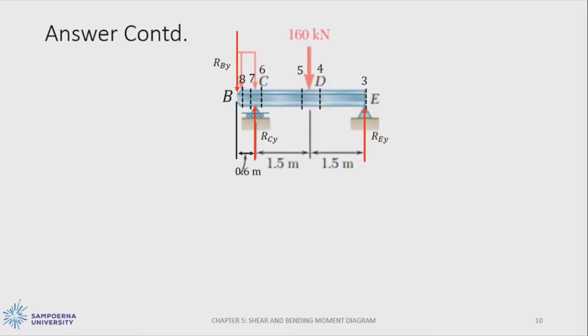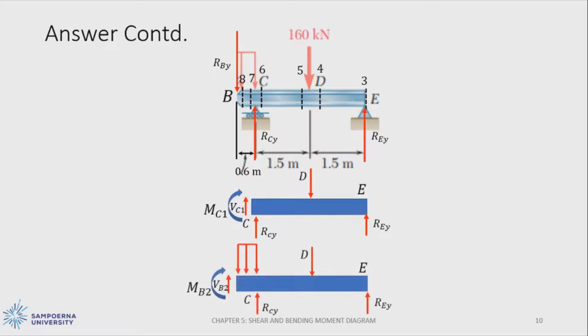And then we can continue to create the partition. It is on the left part of point C for the seventh partition, or we can call it as VC1, and it is on the right part of point B, so we can call them as VB2.